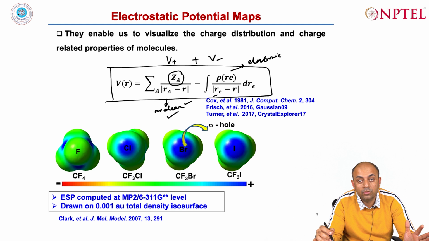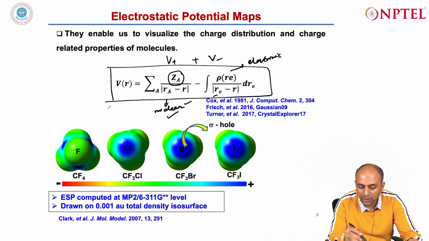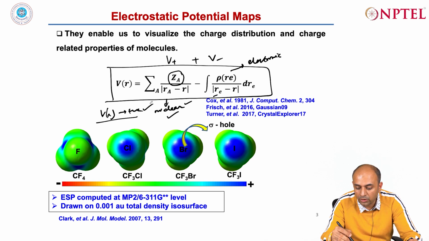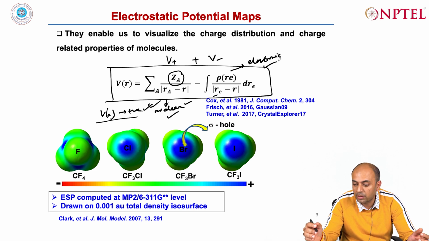So this expression gives you the electrostatic contribution, and at regions where the V(r) is positive, it tells you that the nuclear contribution is greater, and at regions where the V(r) is negative, it tells you that the electronic contribution, that is the contribution coming from the electrons, is going to be greater.